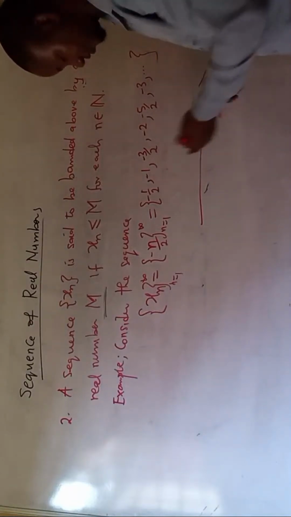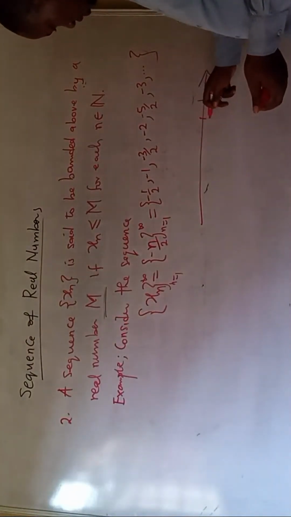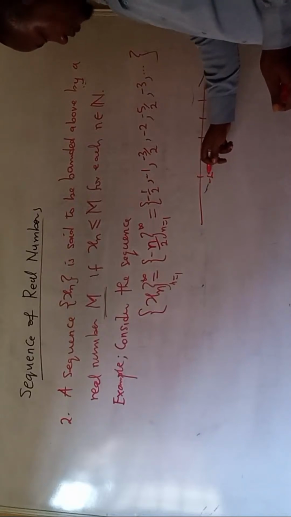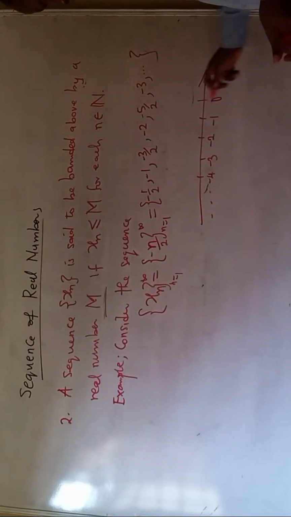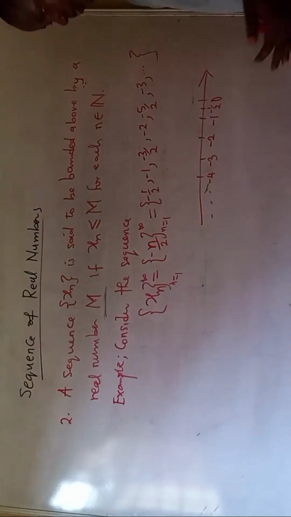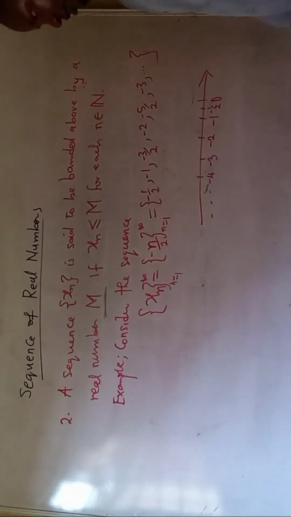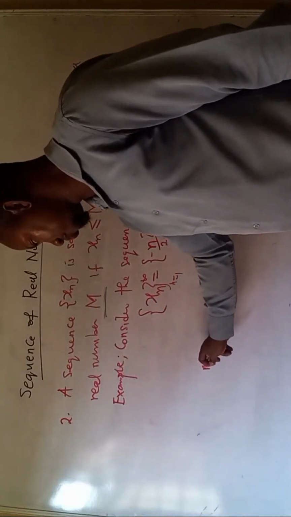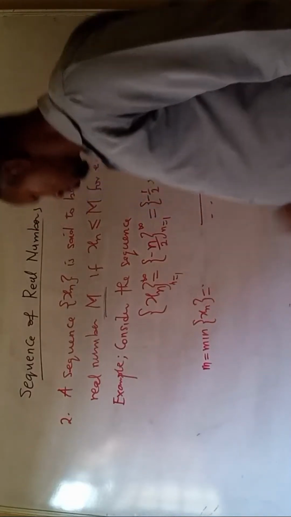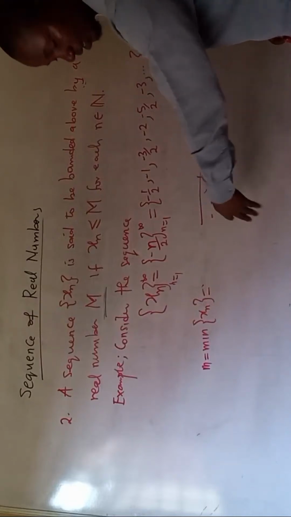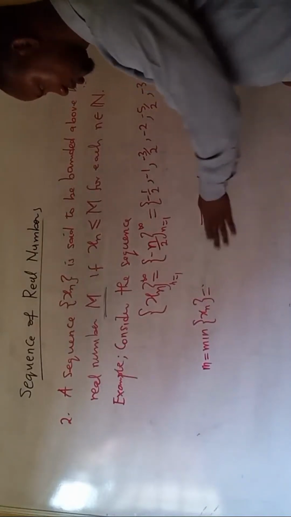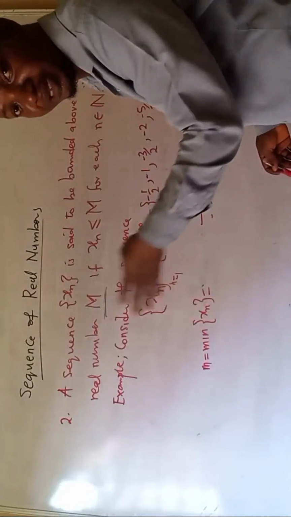Because most of it is negative, let's say this is 0, this is -1, -2, -3, -4, and this goes on, and you will see that we also have -1/2. If I take the minimum of this sequence, the minimum will be the very smallest number, which goes to negative infinity.